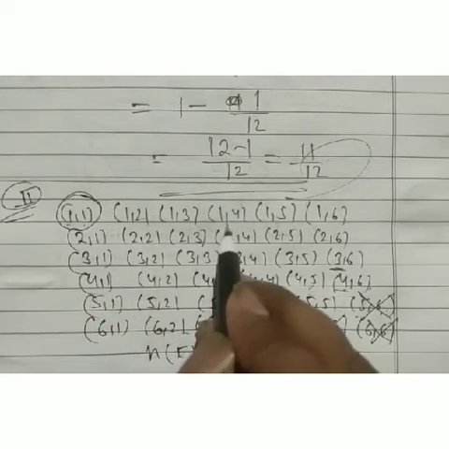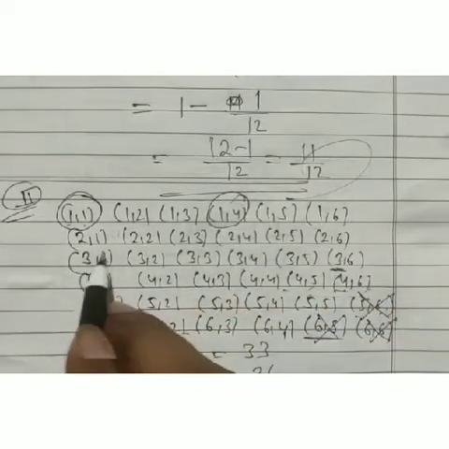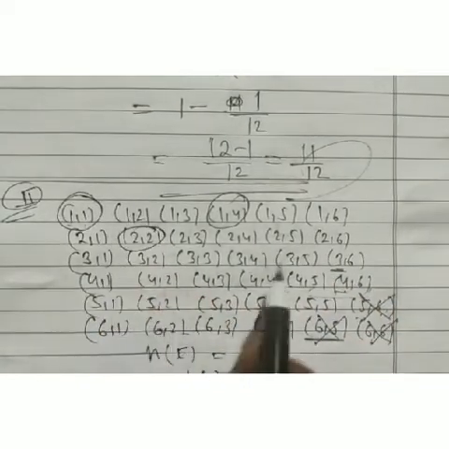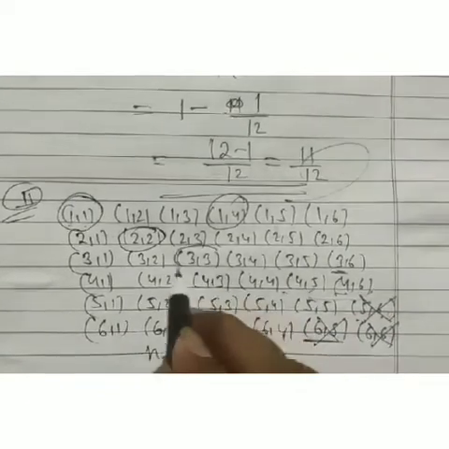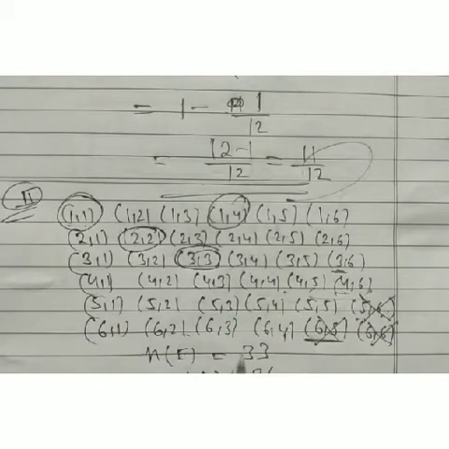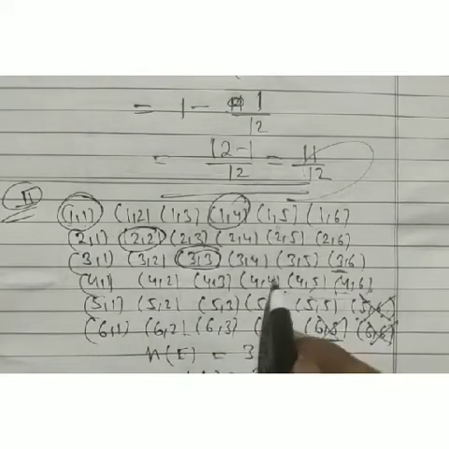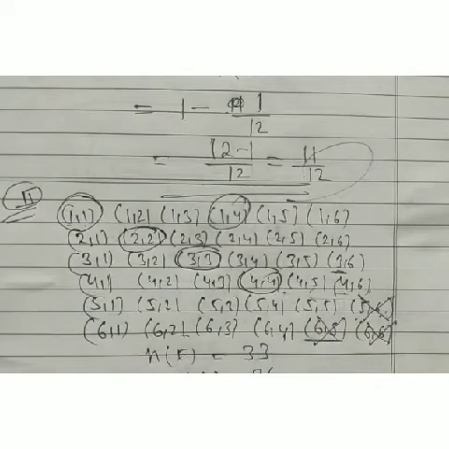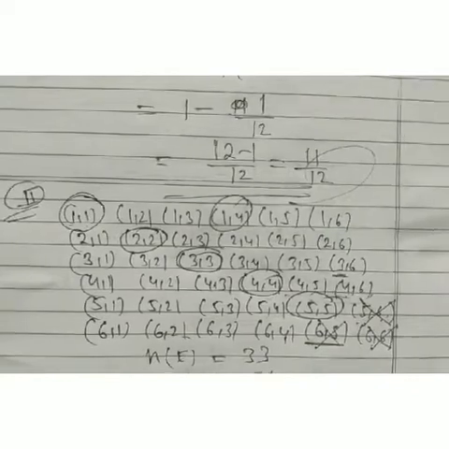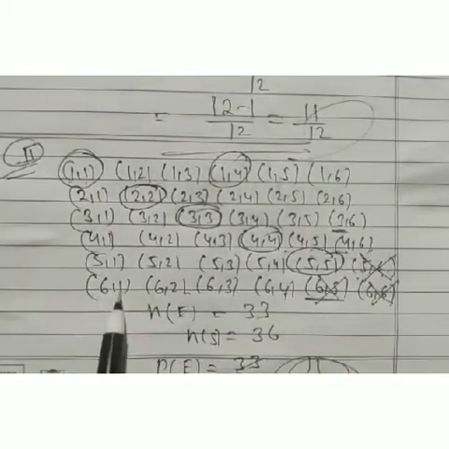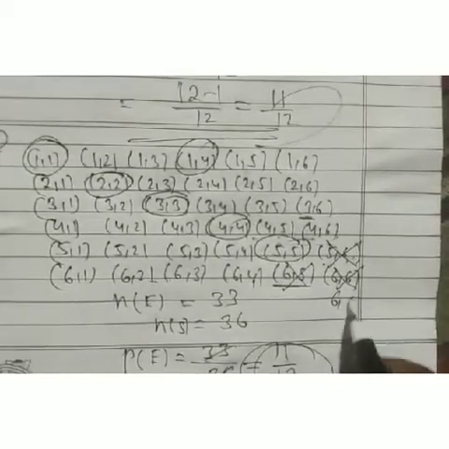Also 1 into 4 is 4, a perfect square. 1 2, 1 3, 1 5, 1 6 are not, and 2 1 is not. 2 2 is 4, a perfect square. 2 3 is 6, 2 4 is 8, 2 5 is 10, 2 6 is 12. 3 1, 3 2, 3 3 is 9, a perfect square. 3 4, 3 5, 3 6 are not. 4 1, 4 2, 4 3, 4 4 is 16, a perfect square. 5 1, 5 2, 5 3, 5 4, 5 5 is 25, a perfect square. Then 6 1 is 6, 6 2 is 12, 6 3 is 18, 6 4 is 24, 6 5 is 30, and 6 6 is 36.